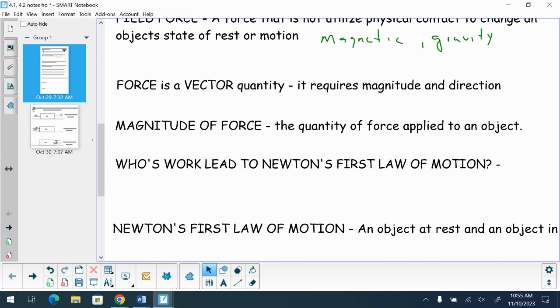The magnitude is the quantity of force that's applied to an object.